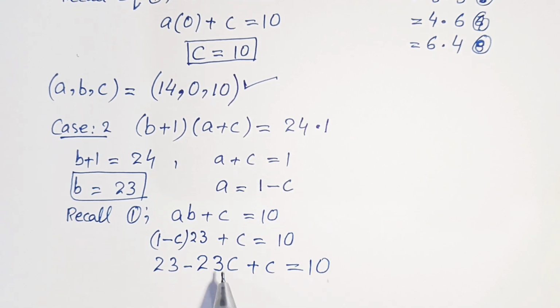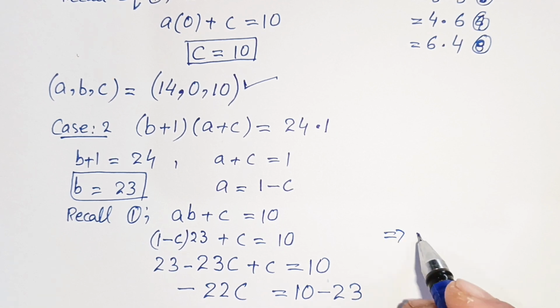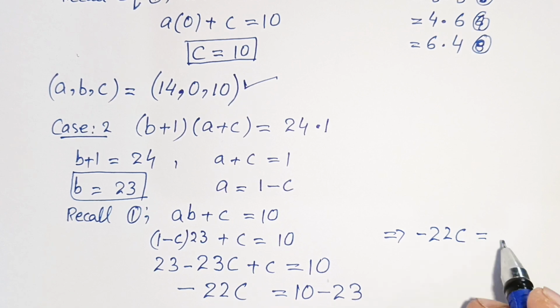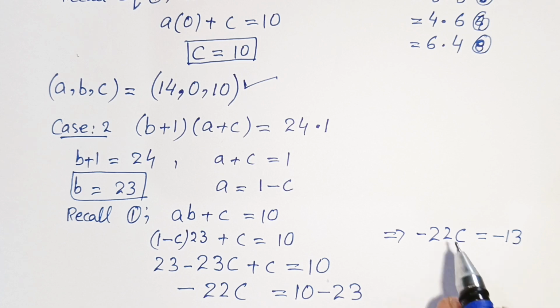Now we get 23 − 23c + c, which is 23 − 22c = 10. Here we have plus 23, which will be minus 23 on the other side. So our next step will be −22c = −13. Cancelling the negative sign, we get the value of c is 13/22.